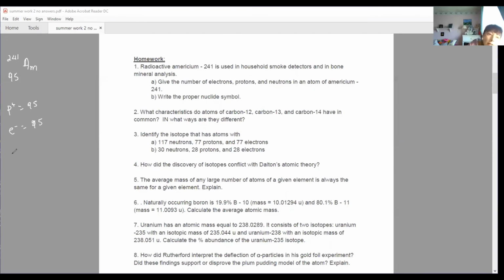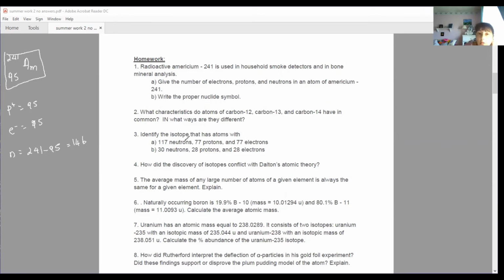And the neutrons, in this case, for this particular isotope, is 241 minus 95. So that will give us 146 as number of neutrons. Then, number 2, I write the proper nuclide symbol, so that's the one.